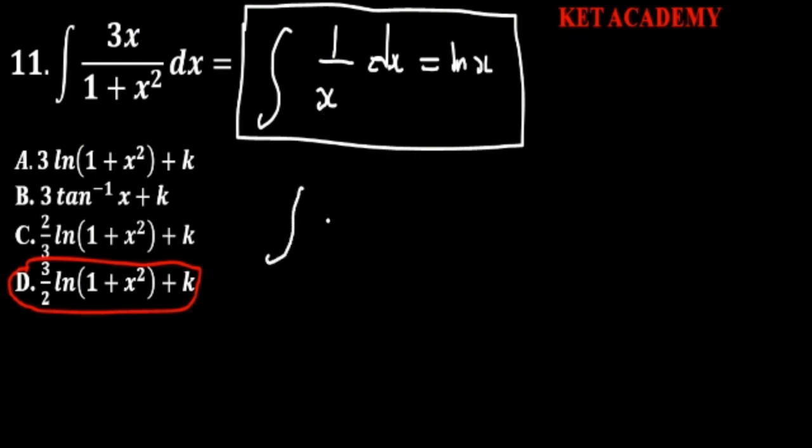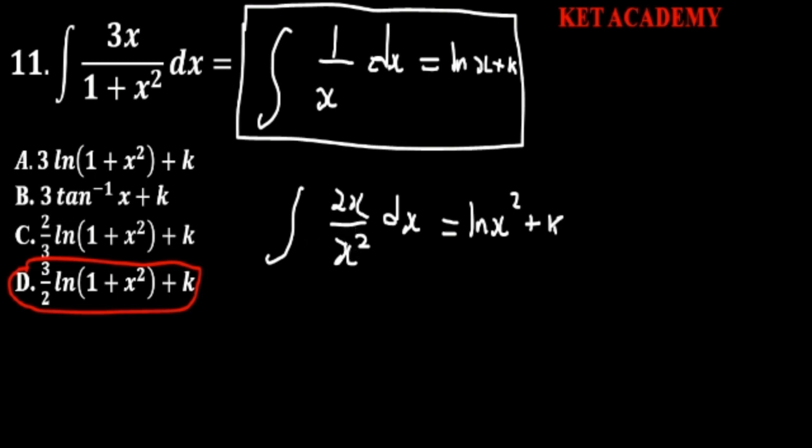So the same thing will happen for 2x divided by x squared with respect to x here. So our answer will simply be ln of x squared. Now obviously plus a constant k, so even here plus k. So it's the same thing.